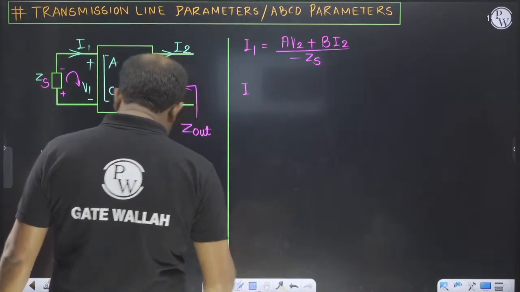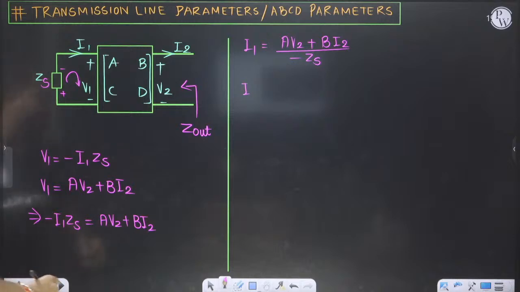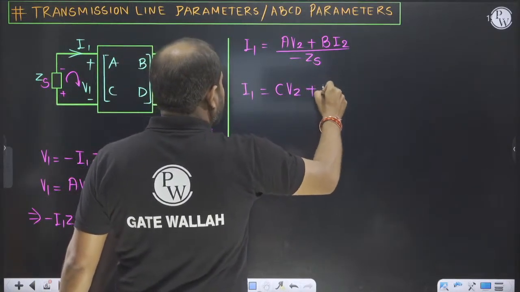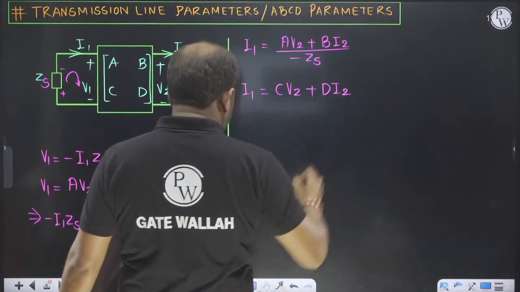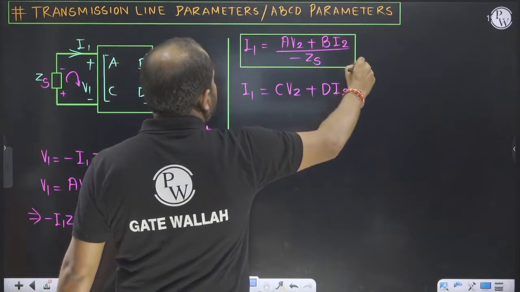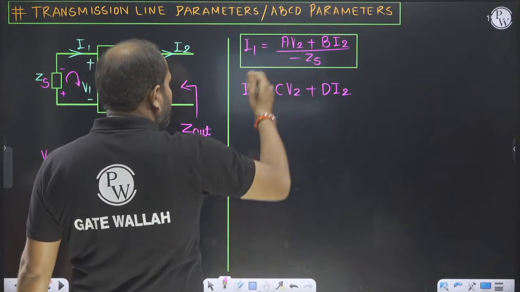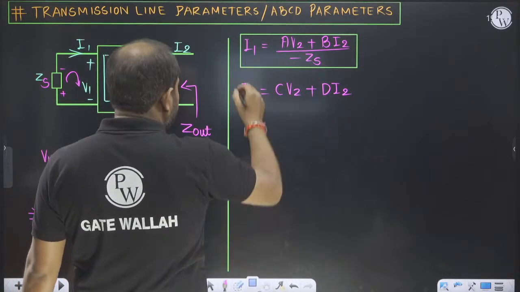I1 is equal to CV2 plus DI2. This is the first equation. I will put this in the second equation.